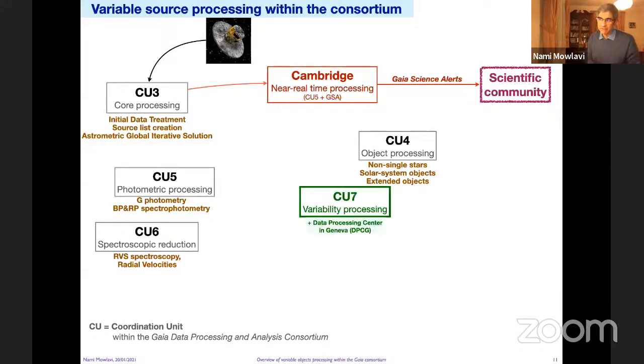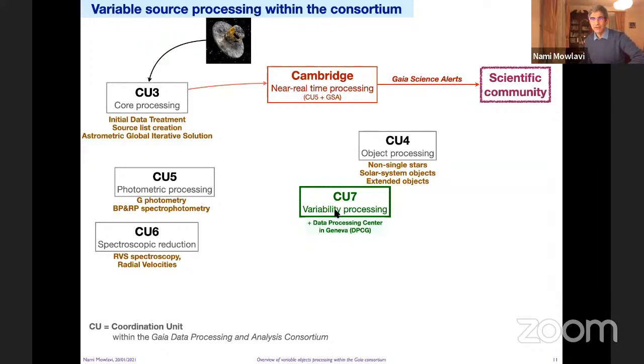Then you have CU7, variability processing, which I will talk more about in the next slides. Together with it, we have a data processing center, which is also in Geneva. There are many other data processing centers. I mentioned this one specifically because it is dedicated to the processing of the variable objects.